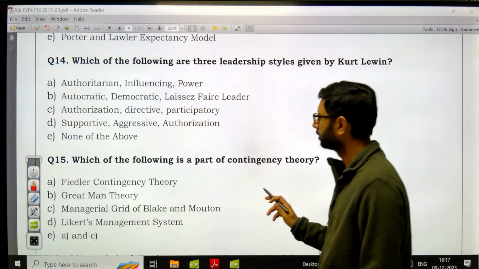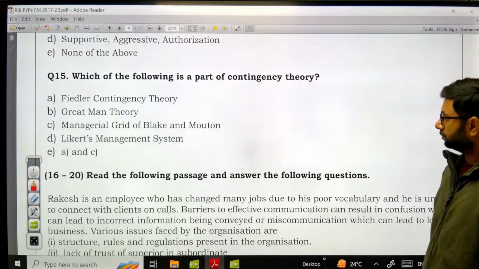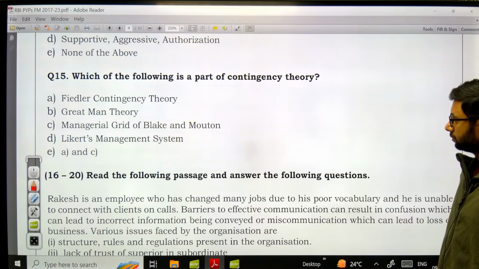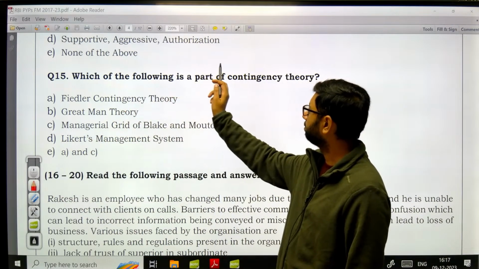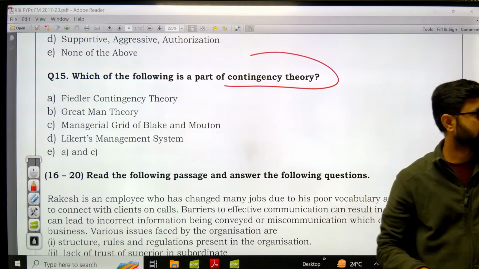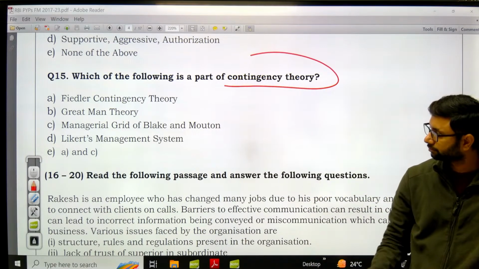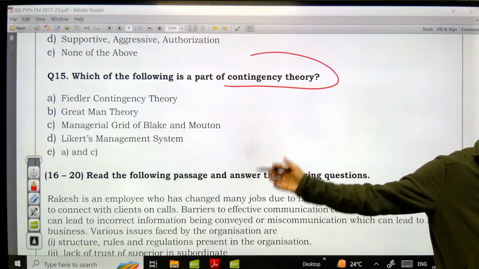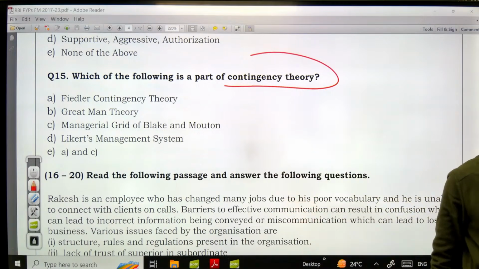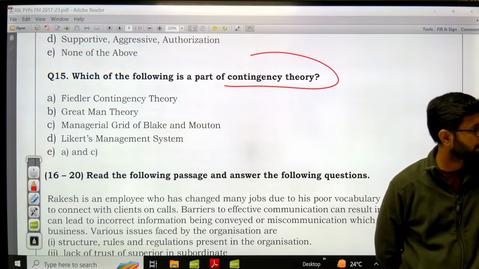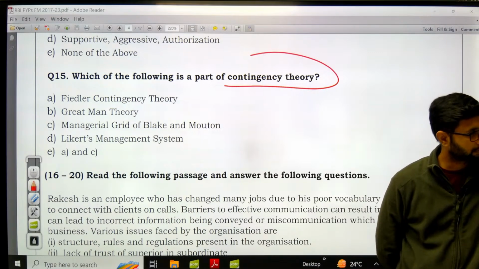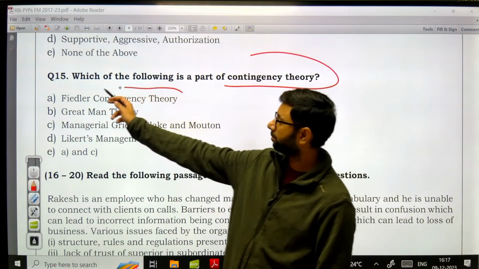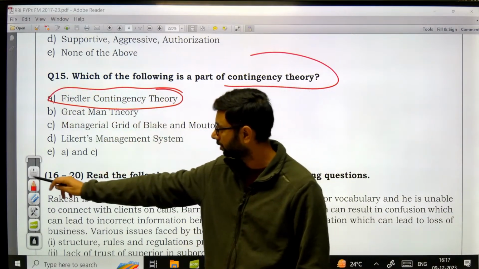Autocratic, democratic, laissez-faire. Which of the following is a part of contingency theory? Anyone? It should be an easy question. The answer is within the question itself. Sujay says A, Logesh says A. Everybody should say A, because Fiedler's contingency theory is the correct answer.